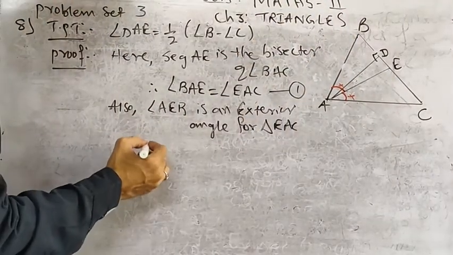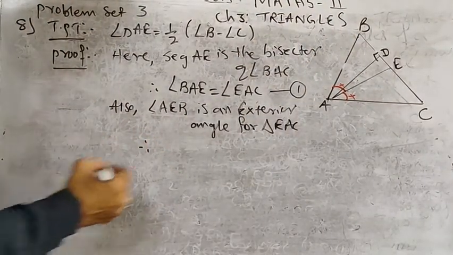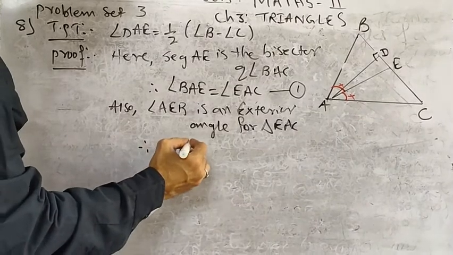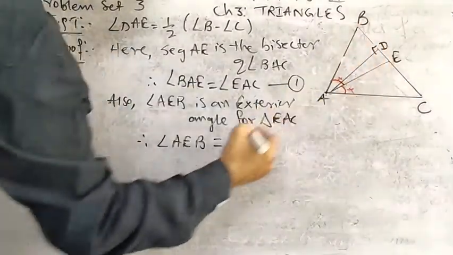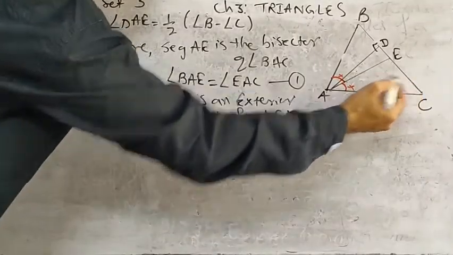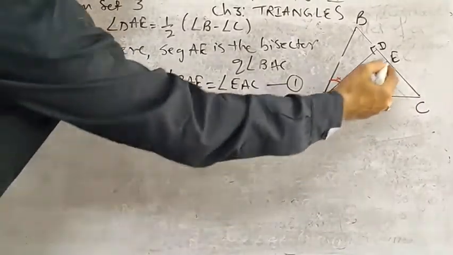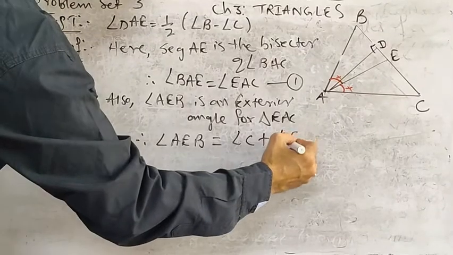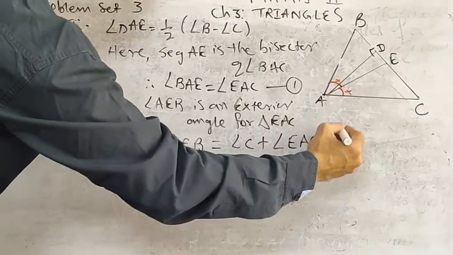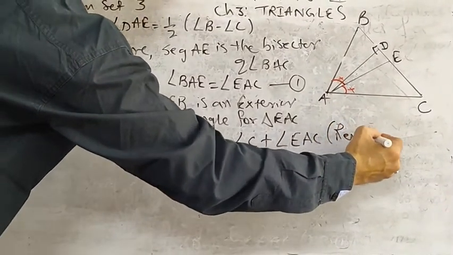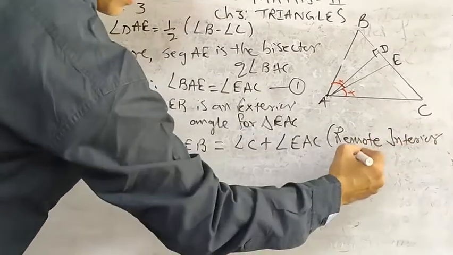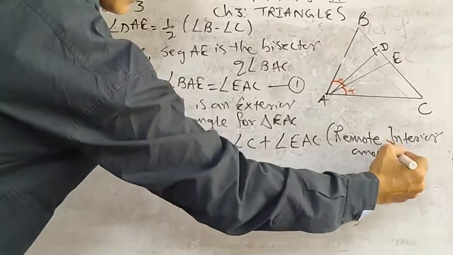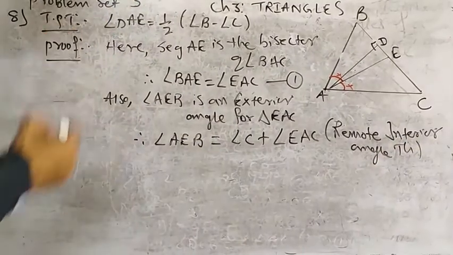Okay, you know remote interior angle theorem. So therefore angle AEB is equal to angle C plus angle EAC. Okay, this is called remote interior angle theorem. Okay, this you know.